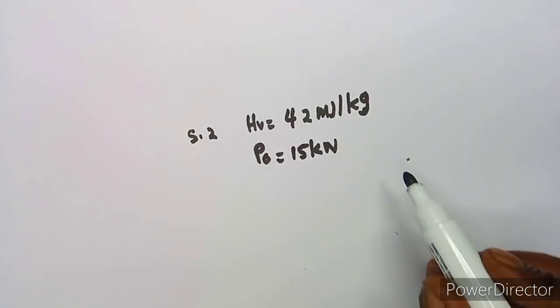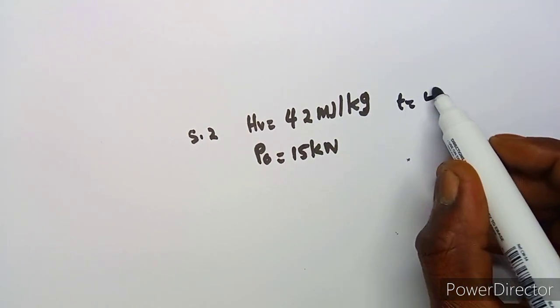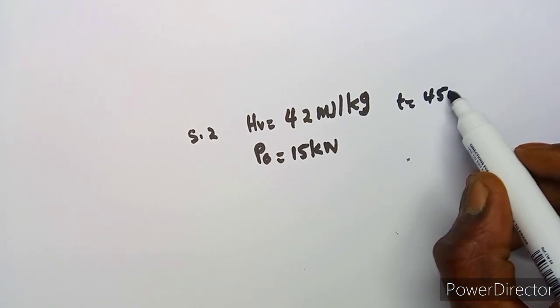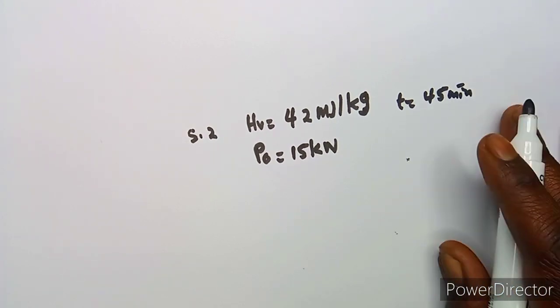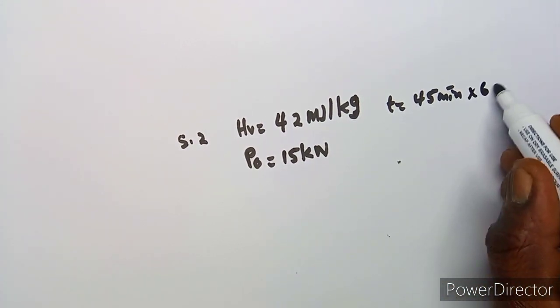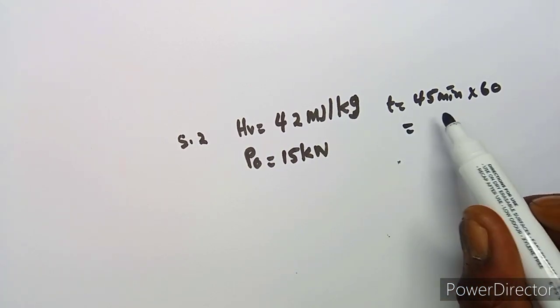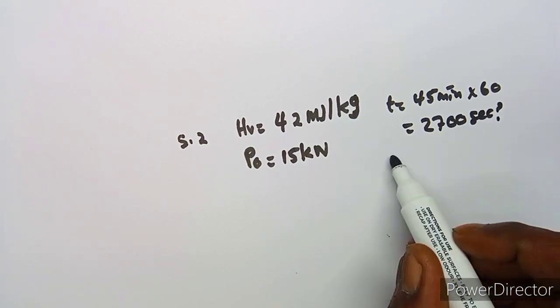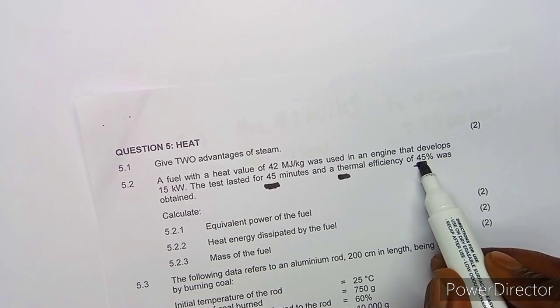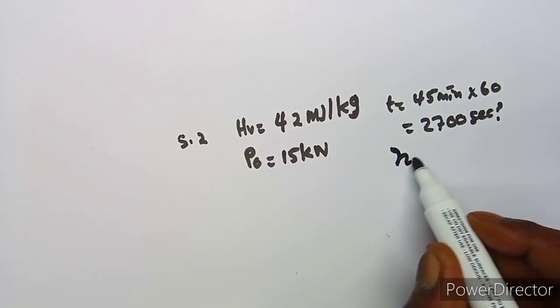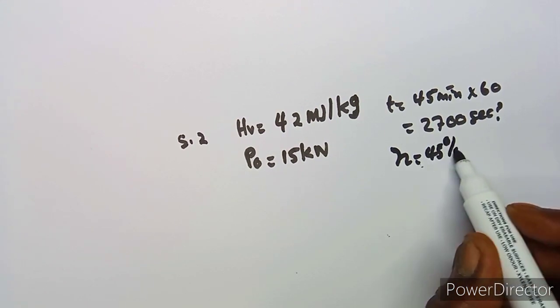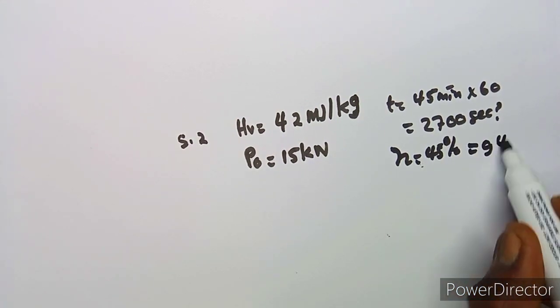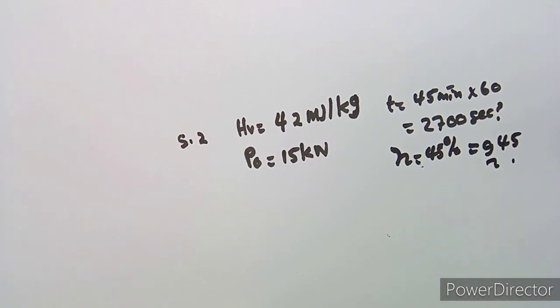So take note, the time which everything took was 45 minutes, and we have to convert this to seconds. If you multiply by 60, it's going to give us 2700 seconds. Even if we do not know whether we will need seconds or not, let's just have it in seconds. And the thermal efficiency, remember 45% as a decimal, is 0.45. That's your efficiency, or you can just work with it as a percentage.